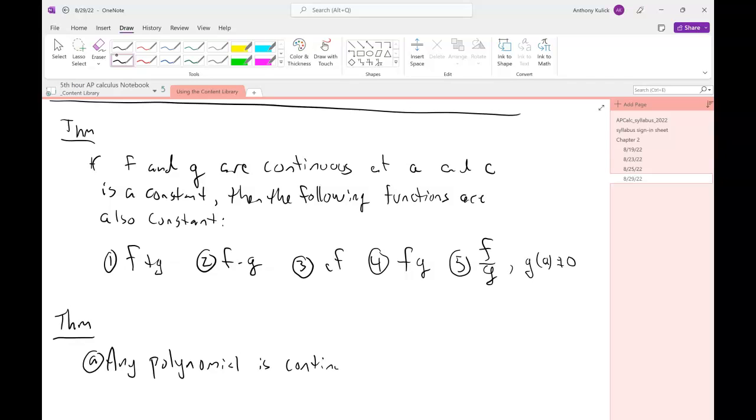Explain the function, that's a plus minus. That's not equal to. Oh, that's fine.